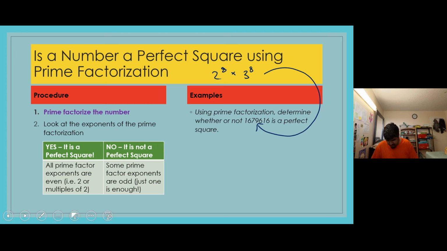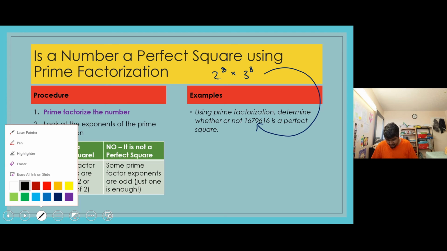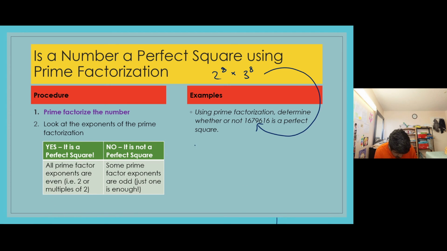And we're just going to write this a little nicely now that we've gone through the entire mathematical calculation, which is that 1,679,616 is equal to 2 to the power of 8 times 3 to the power of 8. Right? And we don't need this anymore either.